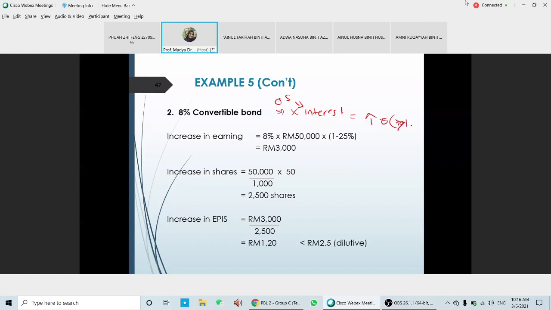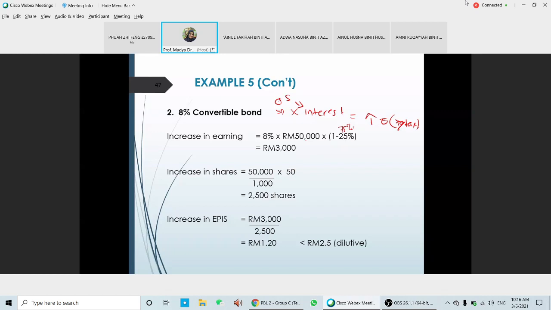So for the increase in earnings, you have the 8% convertible bonds, that is the interest rate times 50, the value of that bond, and then times 1 minus 25%, which is 75% net after tax. So you're going to have an increase in earnings of 3.